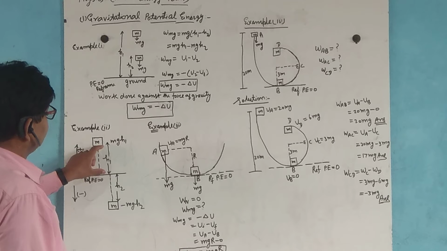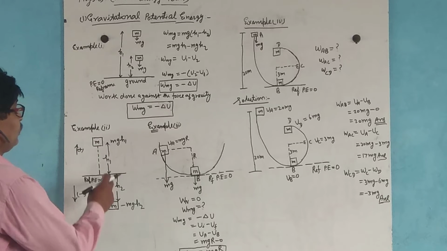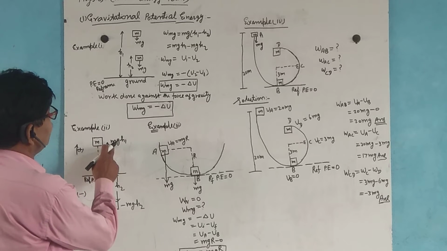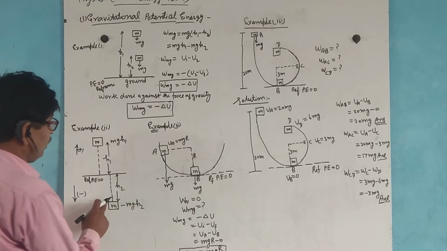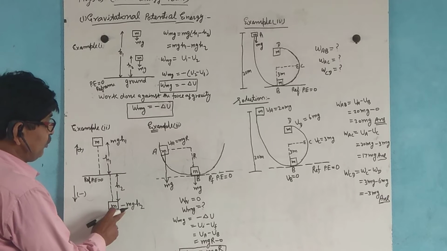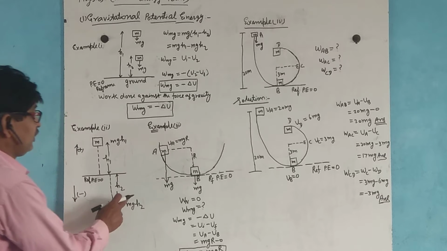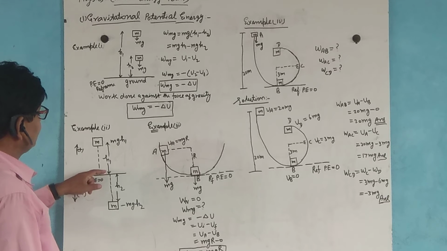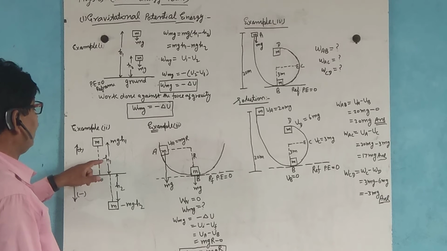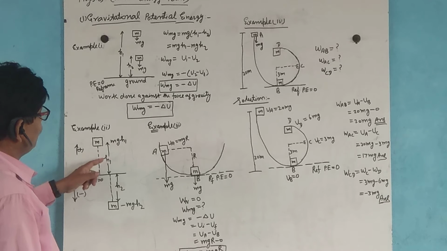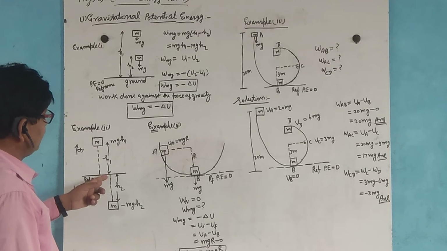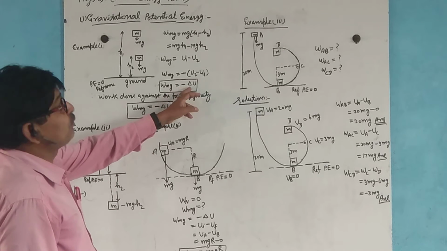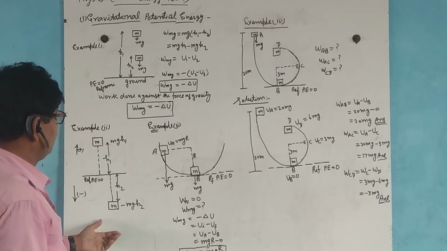Here the mass m is at distance h1, so the potential energy of this block is mgh1, and in the downward direction the potential energy is minus mgh2. In this case, the work done against the force of gravity, and the work done by gravity, is the negative of the potential energy change.